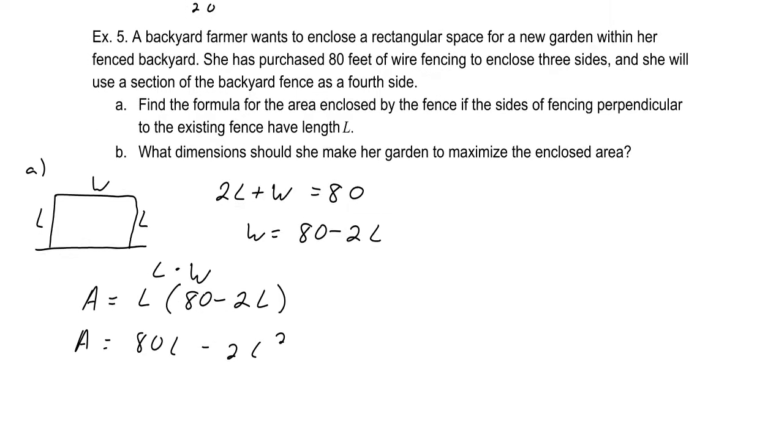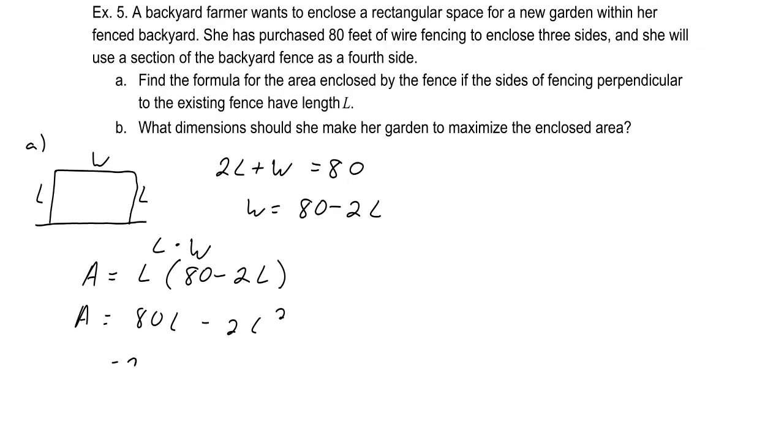Or go ahead and rewrite that as negative 2L squared plus 80L. Alright, so there's our area formula.